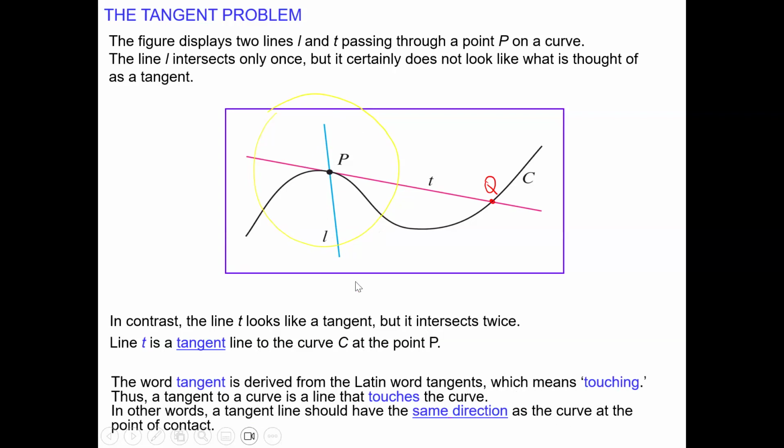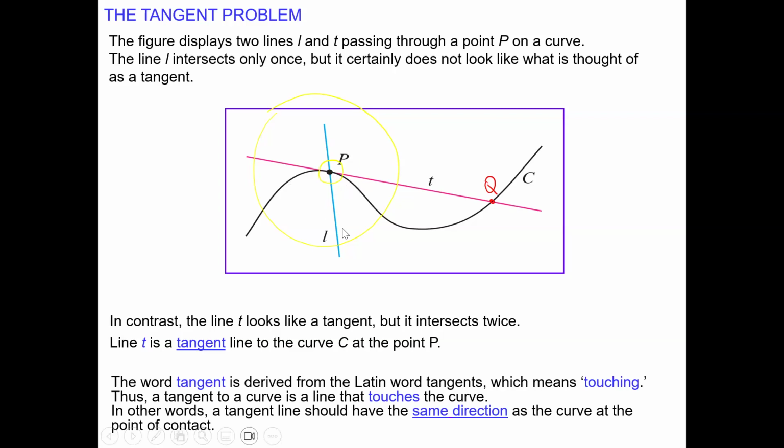When we zoom in, when we go even closer, we cannot even distinguish the difference. That means the tangent line and the curve behave exactly the same. They have the same direction, the same slope. I can use that magic word.